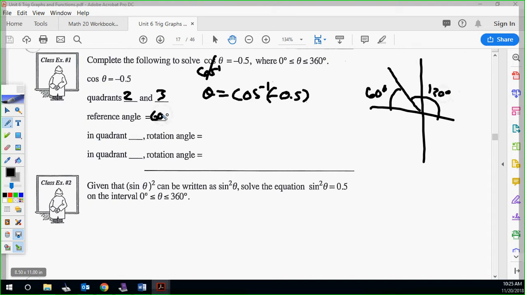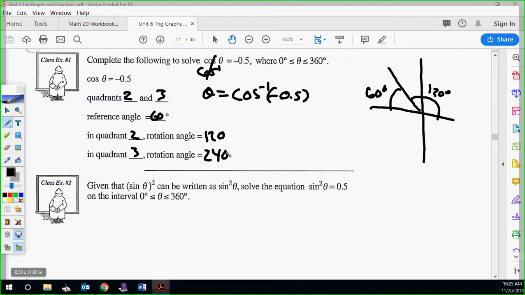In quadrant 2, the rotation angle is 120. In quadrant 3, what's the rotation angle? So we're getting our possible answers here. Yes, 240. Let's walk through this. We know cosine is negative, so our spots have to be in quadrants 2 or 3.